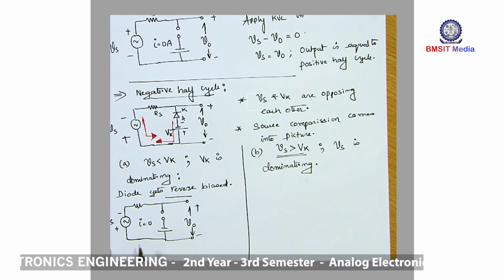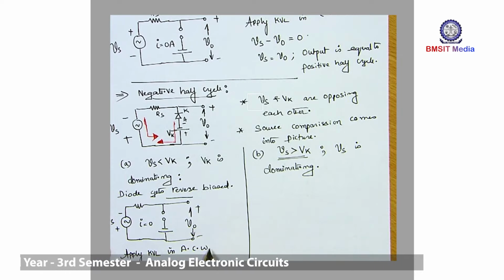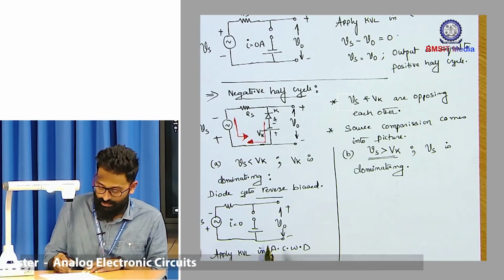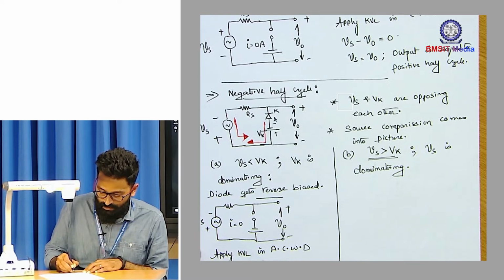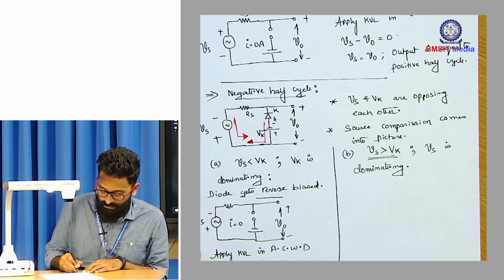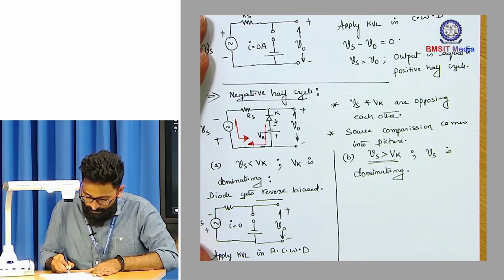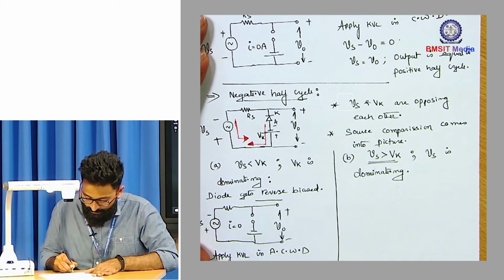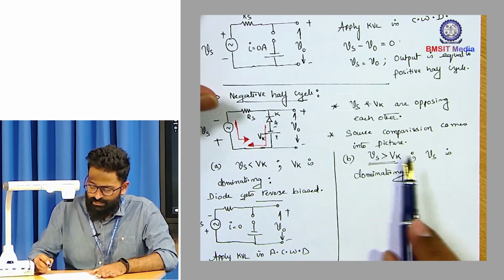So apply KVL in anti-clockwise direction: minus to plus Vs minus to plus V naught is equal to 0, or V naught is equal to minus Vs. So output is equal to the negative half cycle of input.